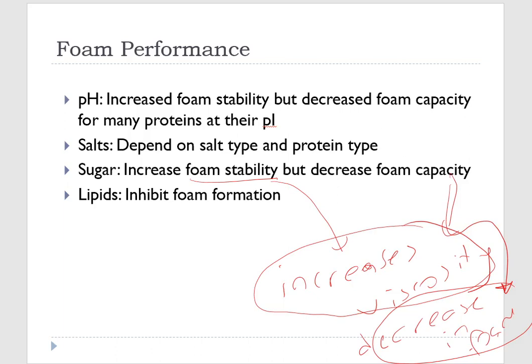So lipids affect foam performance. Polar lipids especially decrease foaming properties. Lipids are more surface active than proteins. They also have emulsifying properties. So they readily adsorb to the interface.